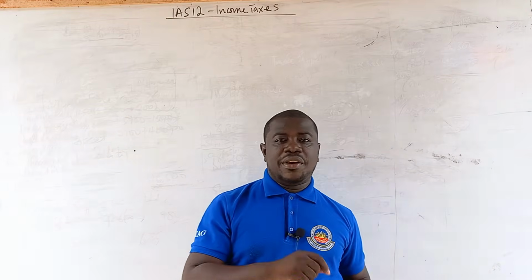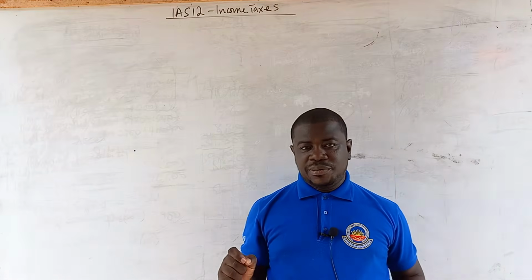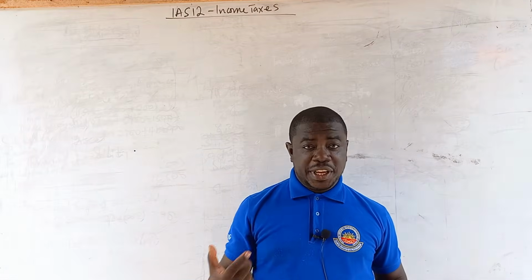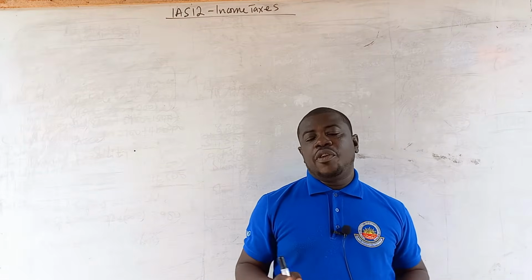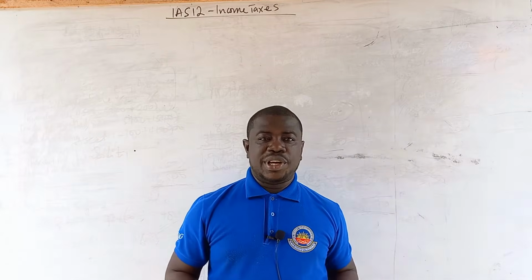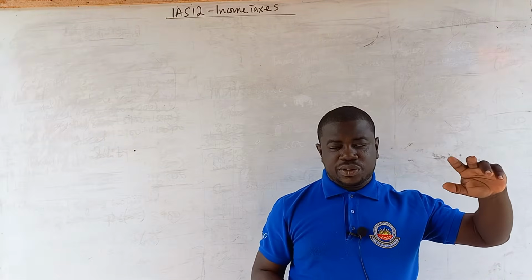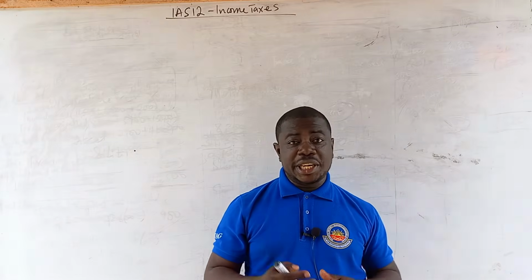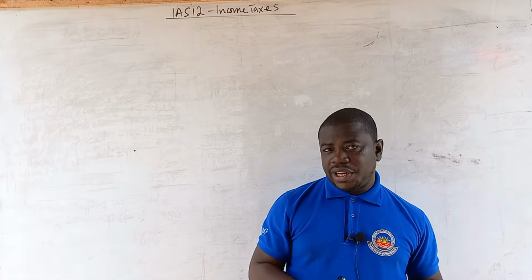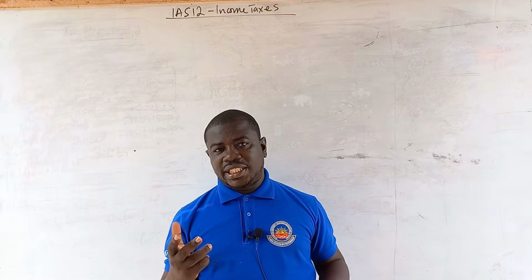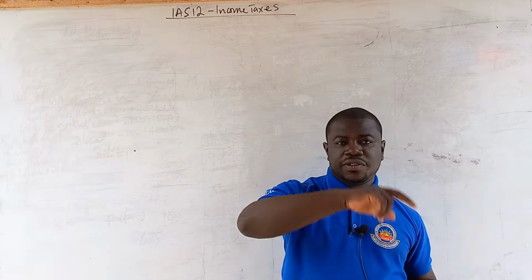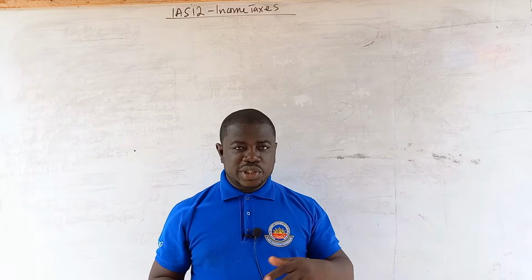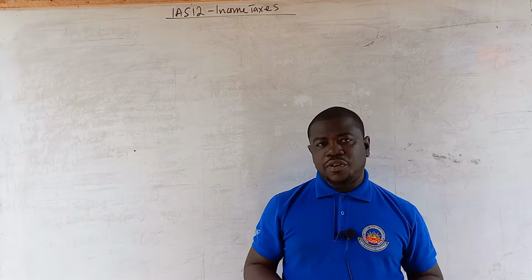But if the carrying amount is more than the tax base, then the deferred tax will be a deferred tax liability. So some of you are confused as to why sometimes you see deferred tax under current asset or maybe non-current asset, and at the same time you see it under liabilities. It depends on the temporary difference. If the temporary difference is such that there was an excess of the tax base over the carrying amount, then it results in an asset. And the other way is true for liability.